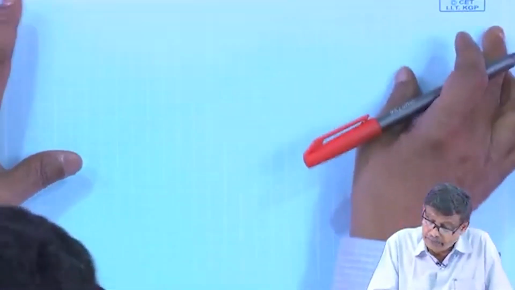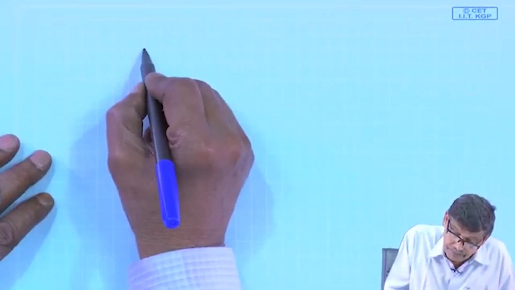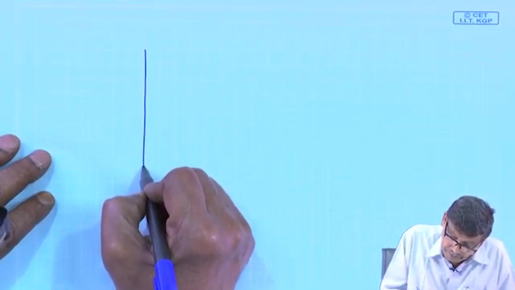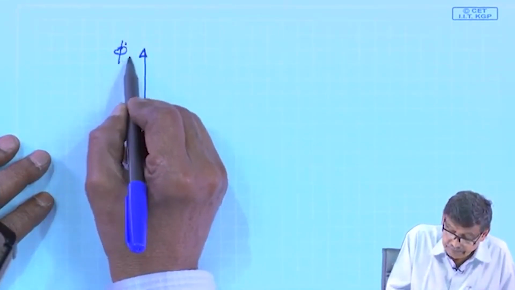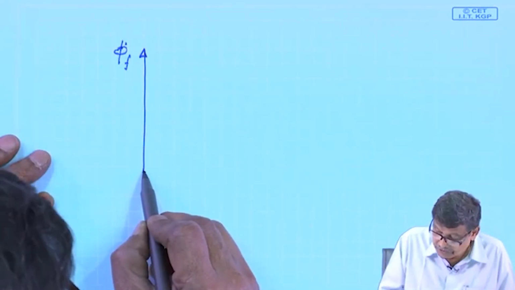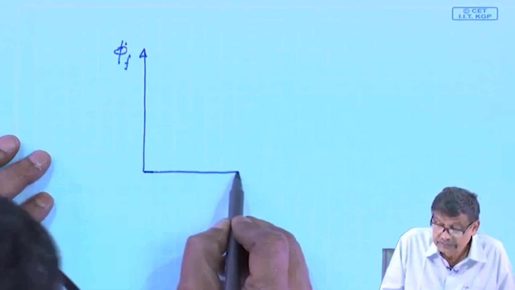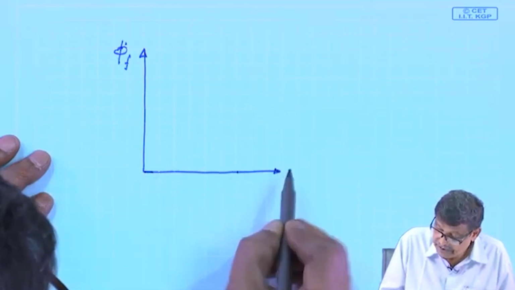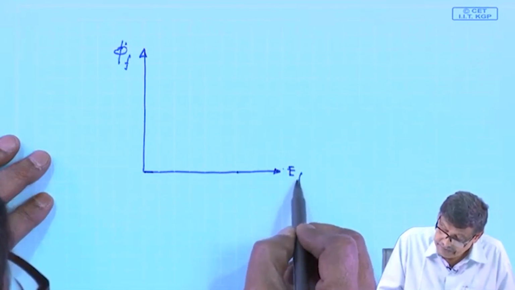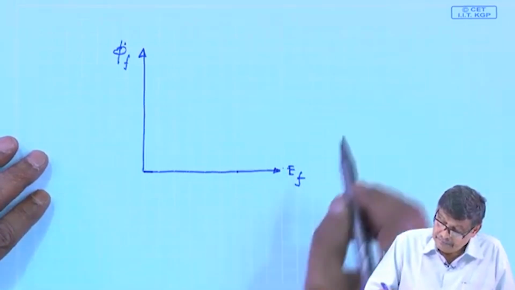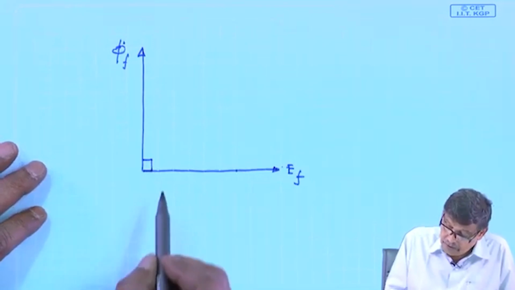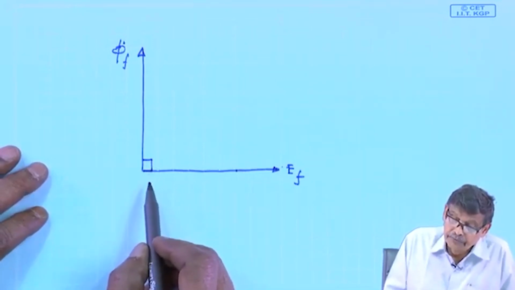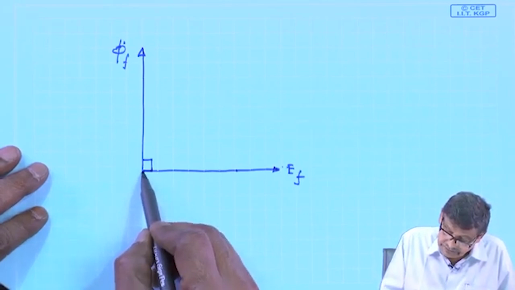It is like this now. Therefore, we say that this is your phi F under no load condition, open circuit condition. This is your EF, fine, and this is 90 degrees. Now, you load the machine.